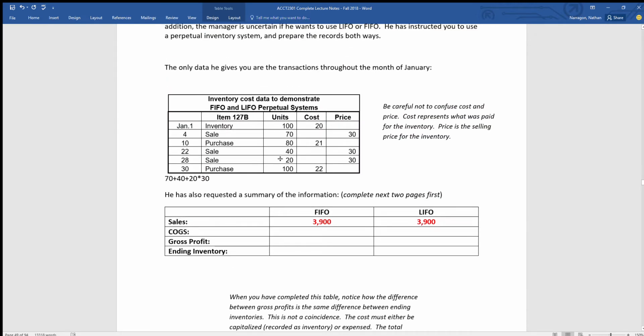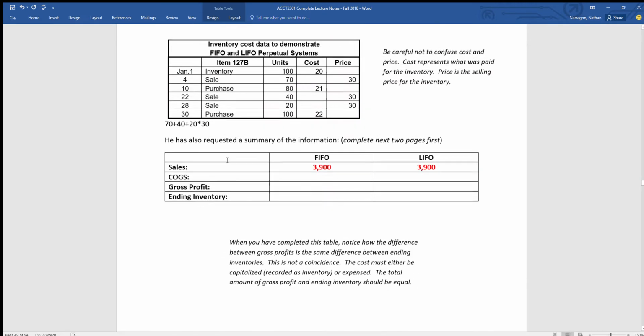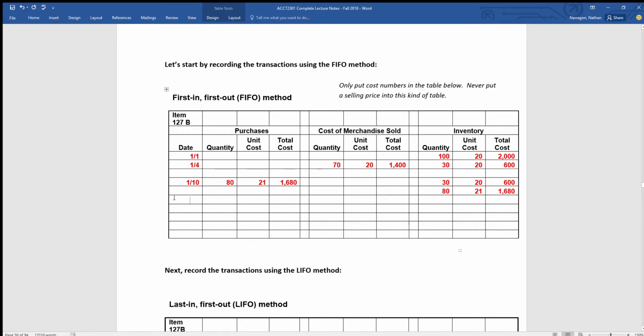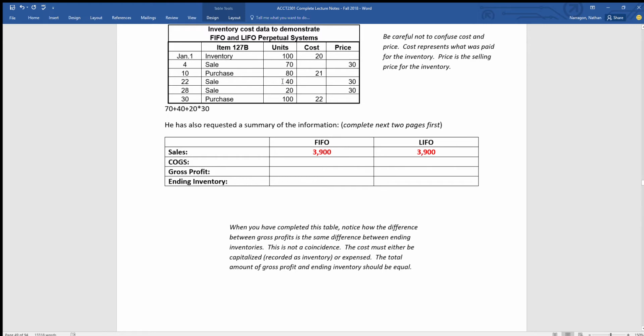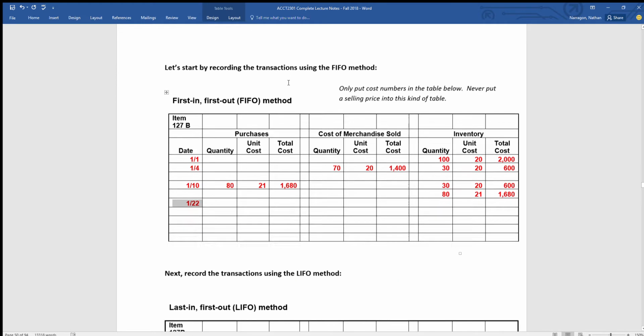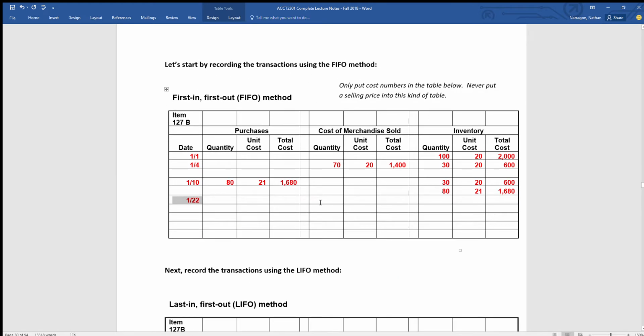So, next item, we sold on the 22nd. Since we sold, we're going to deal with cost of merchandise. How much did we sell? We sold 40 units. So we're going to look at our first item in this list.